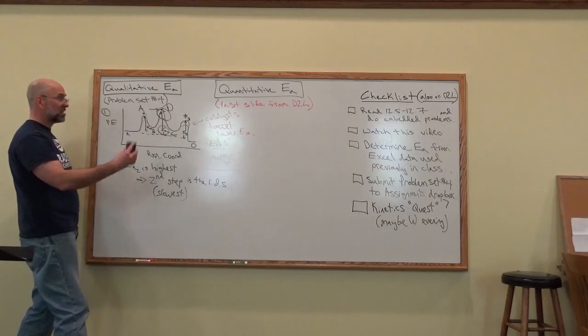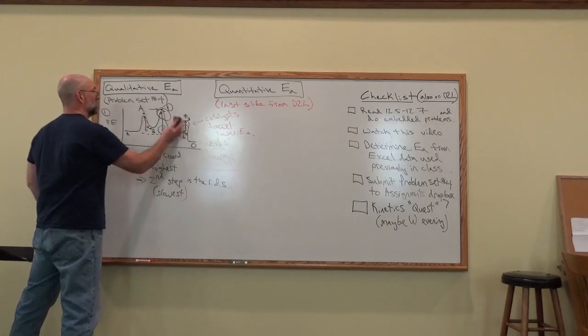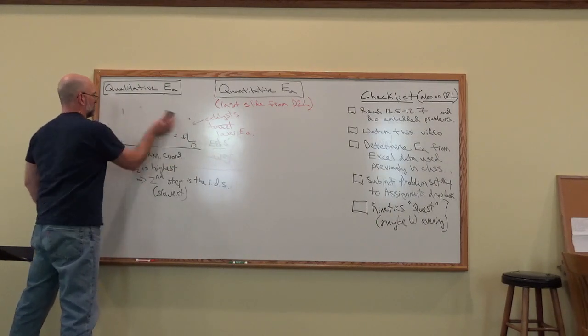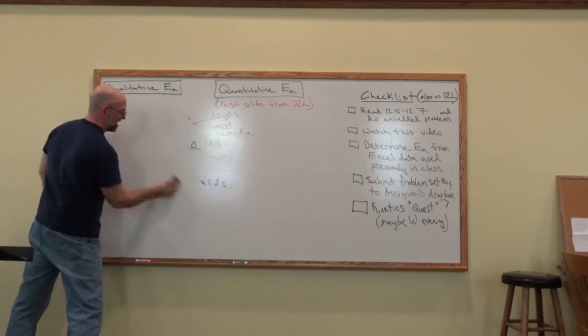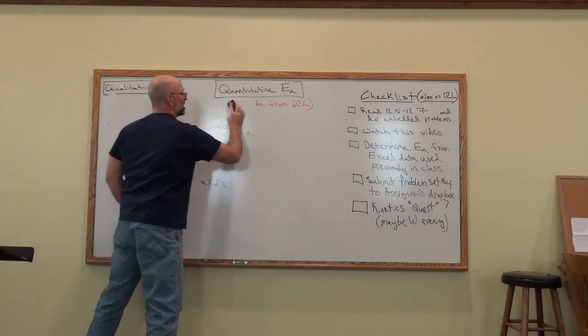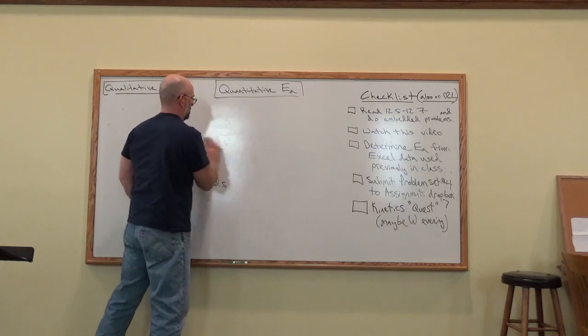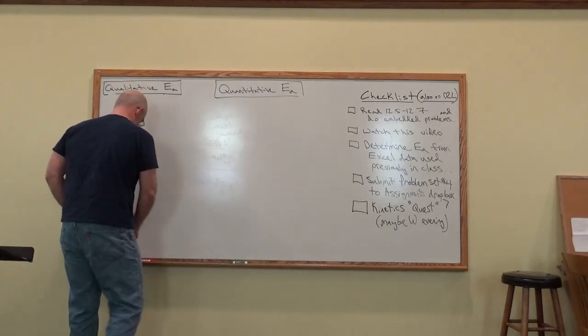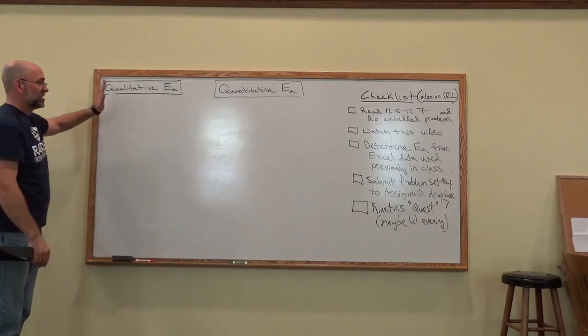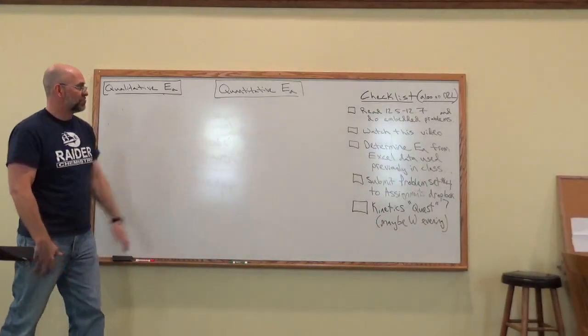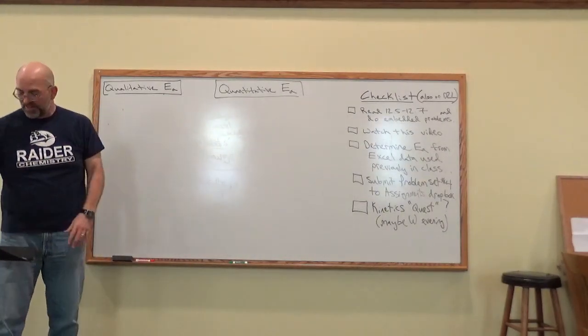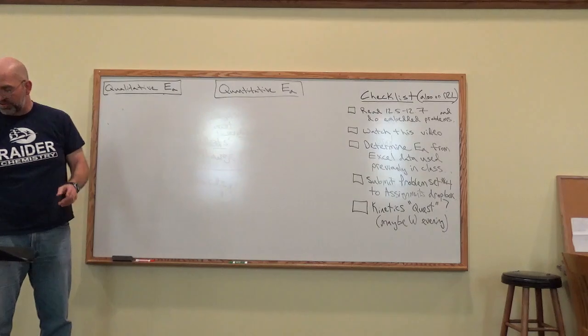And I'm going to erase this because I don't think we need it anymore. So that's qualitative activation energy. So that's all the qualitative stuff. I wanted to leave that there, but it's going to get too messy. So quantitative activation energy. So I'm going to go to my notes.